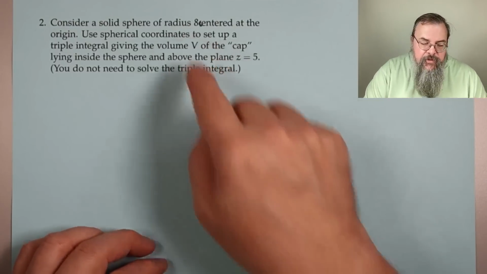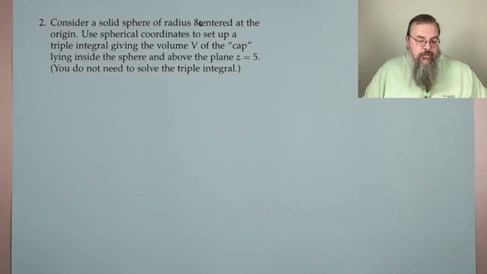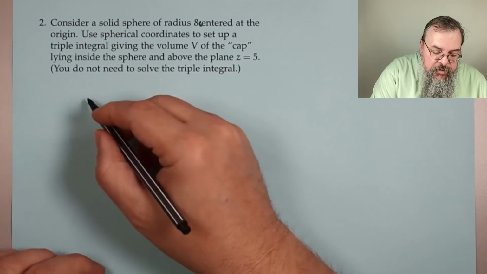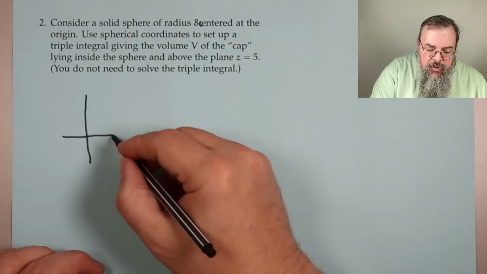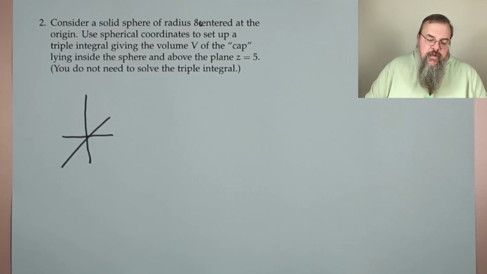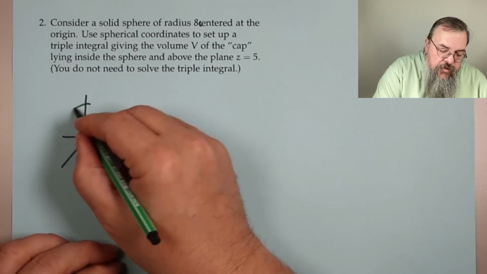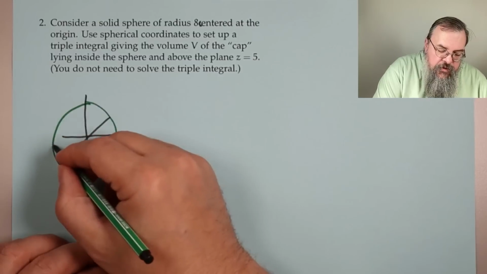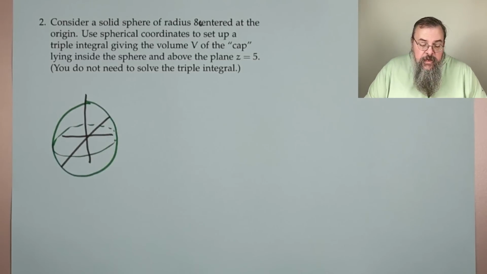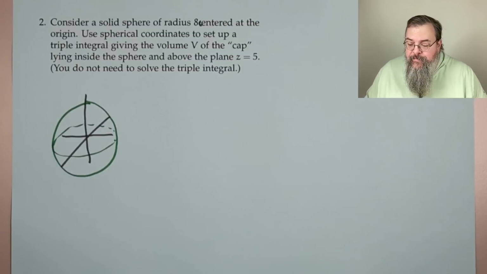Plane of 5, sphere of radius 8. So we should start by sketching, just so we get a good intuition. So we'll have our sphere, and that looks a lot like a sphere. Now we have our plane.